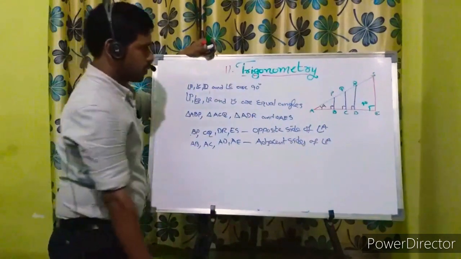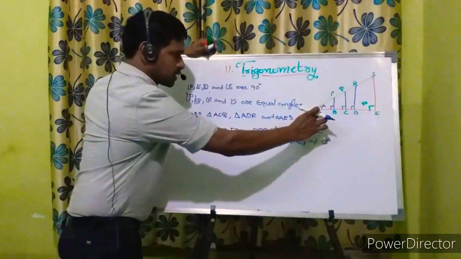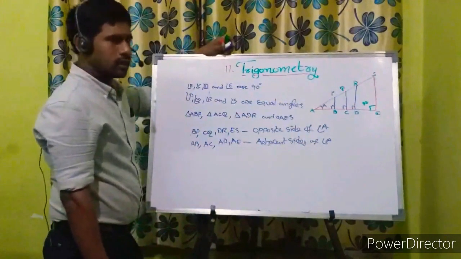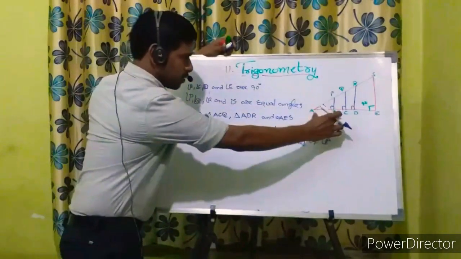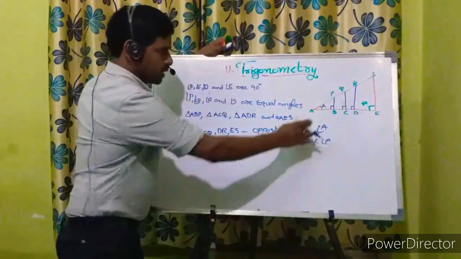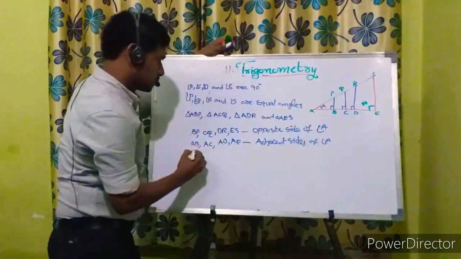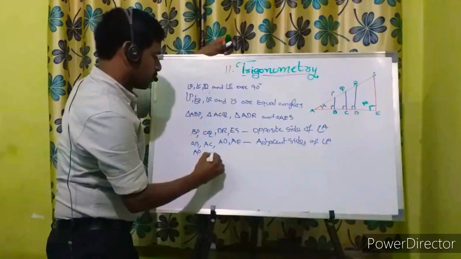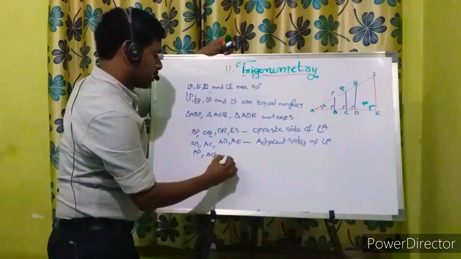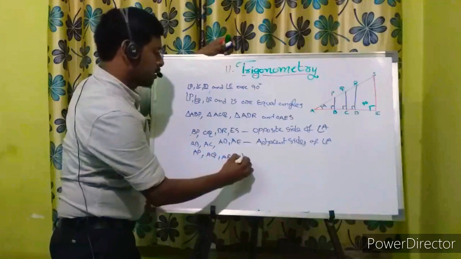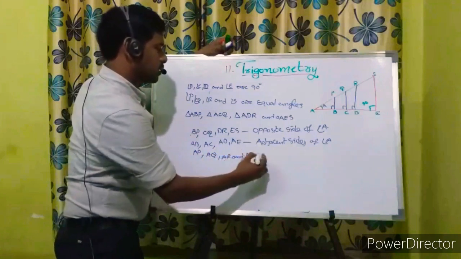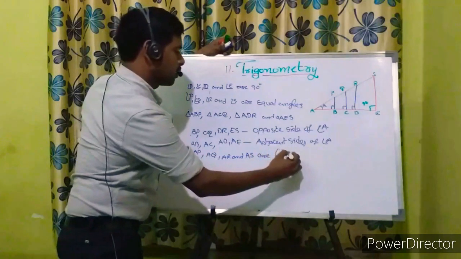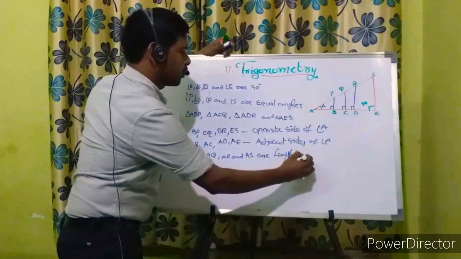So what about this? When we join the adjacent side and the opposite side, the length is known as the hypotenuse. What are the hypotenuses here? Joining AB and BP gives AP, and likewise AQ, AR and AS are the lengths of the hypotenuse.